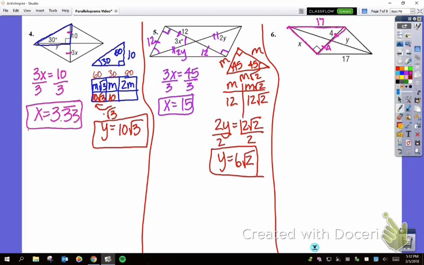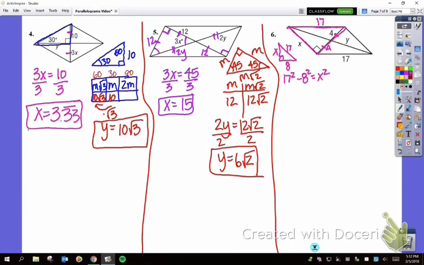And we can now find x based off of our right triangle. We have 4 plus 4, which is going to be 8. And then we've got our hypotenuse across from 90 is 17. And this is x, which is what we're trying to find. So we're going to say 17 squared minus 8 squared equals x squared.